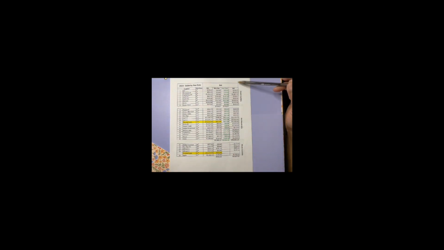This section, block one, will cover all accounts that are due between the 5th of the month and the 12th of the month. Block two will cover accounts that are due the 15th of the month through the 22nd of the month. And the last block, block three, will cover accounts that are due the 28th of the month through the last day of the month.